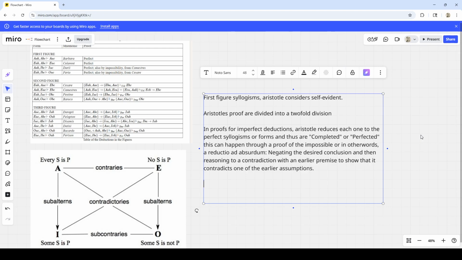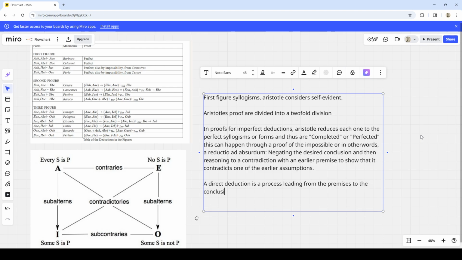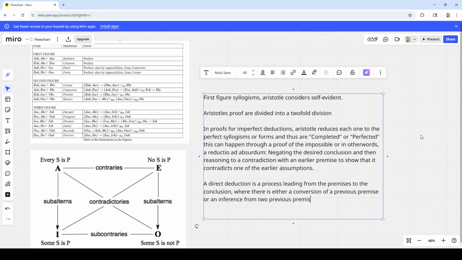Now, a direct deduction is really just a process leading from the premises to the conclusion, where there's either a conversion of a previous premise or an inference from two previous premises relying on a first figure deduction.